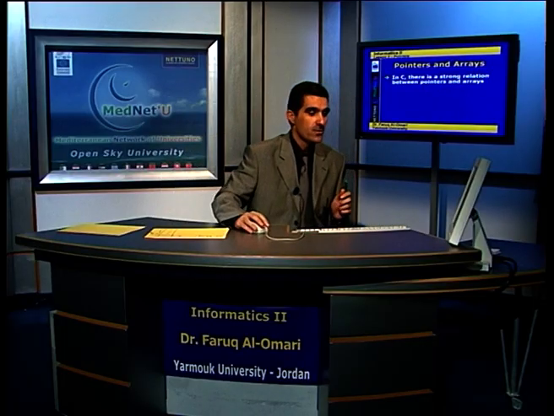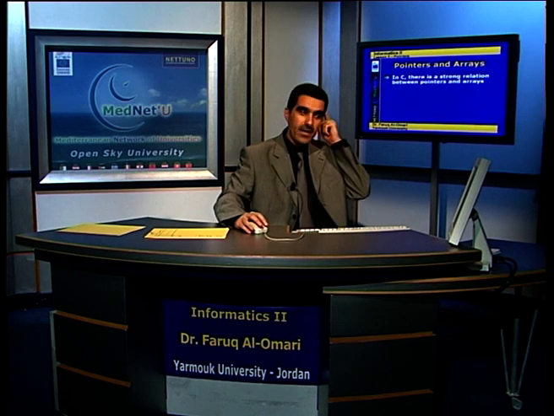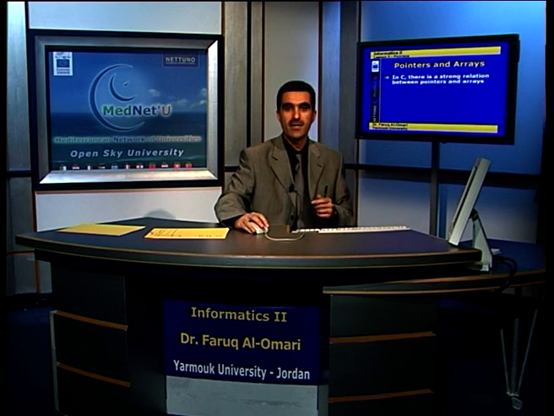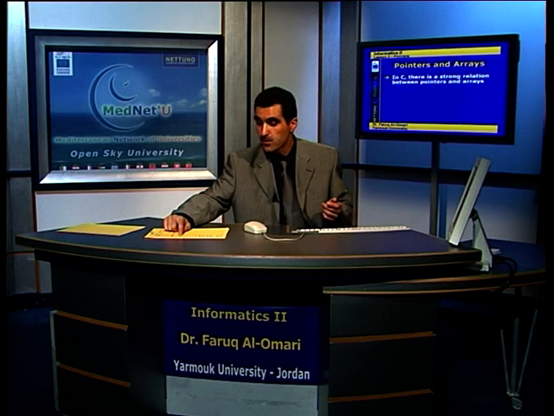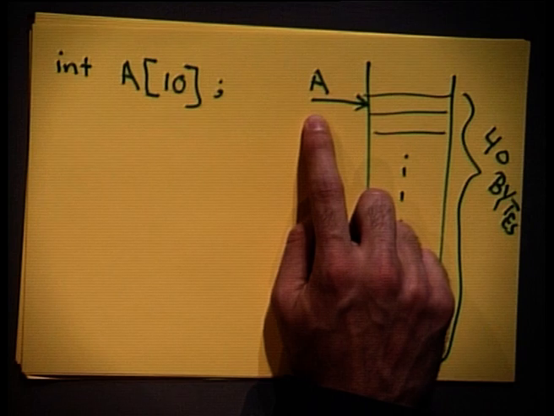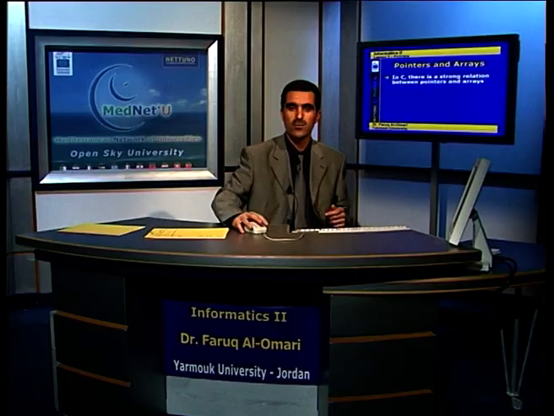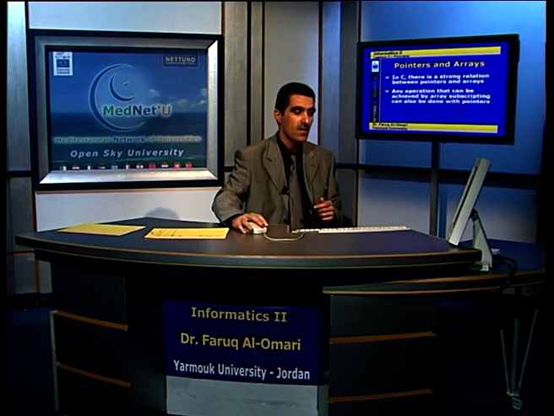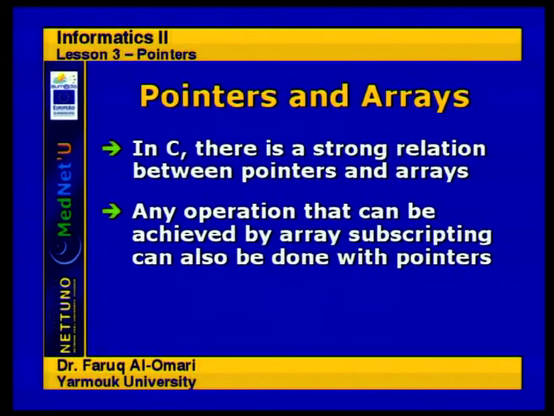So in C, there is a strong relation, as a matter of fact, between pointers and arrays. We're talking about A, which is a pointer to that array. Any operation that can be achieved by array subscripting can also be done with pointers.